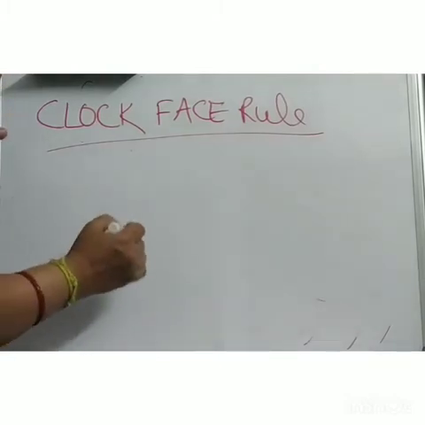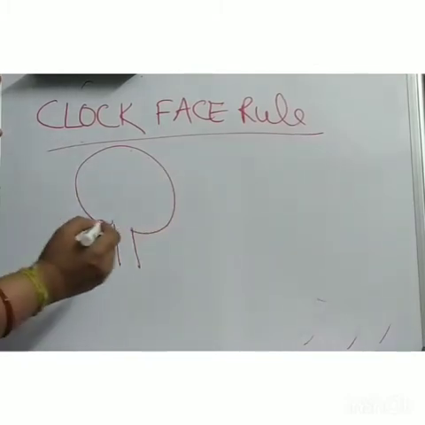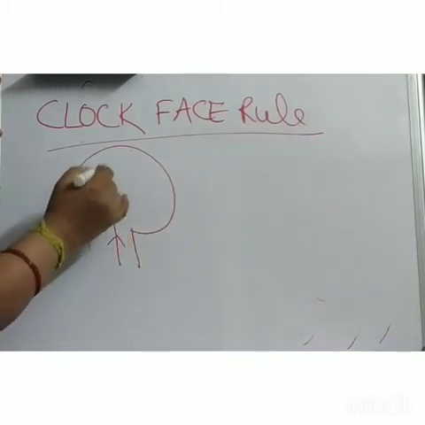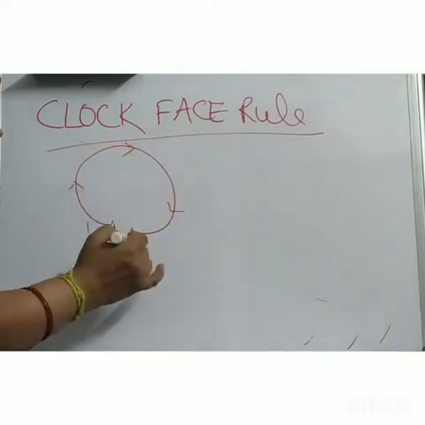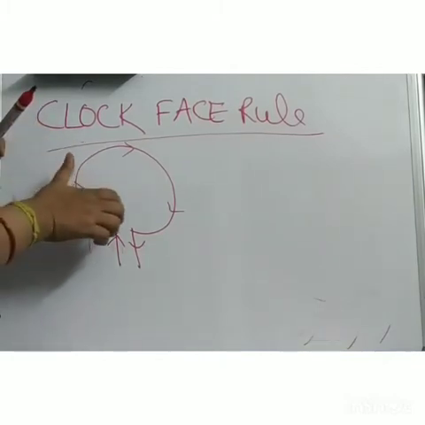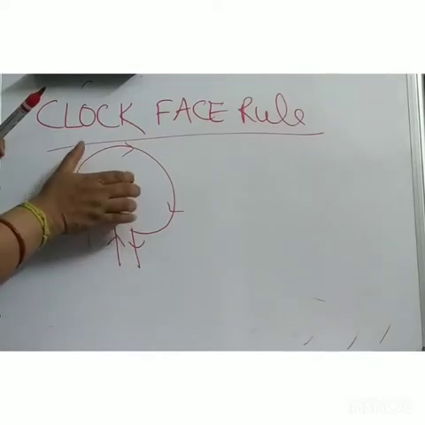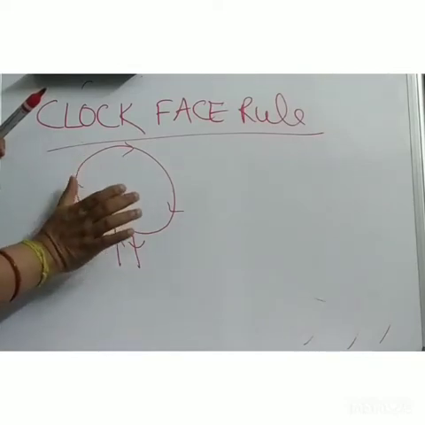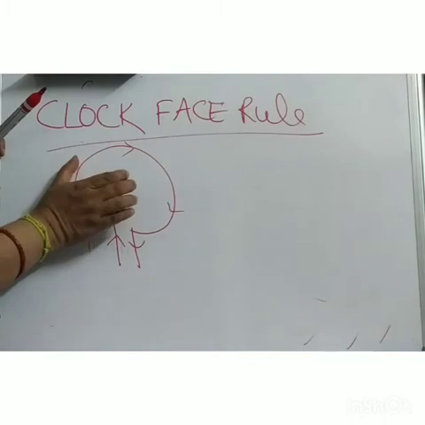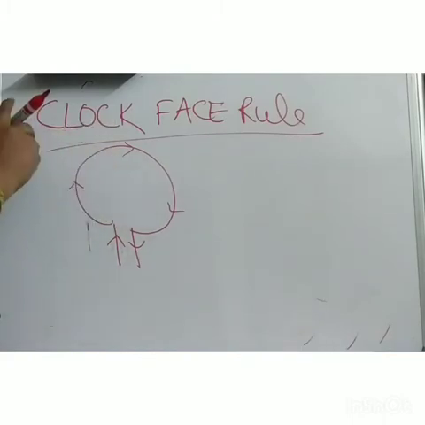So this is your circular loop. Current is flowing like this. Clear? Now what we'll do here, apply your right hand thumb rule like this. So at this point current is flowing like this, so your magnetic field will be entering inside and coming out from here.